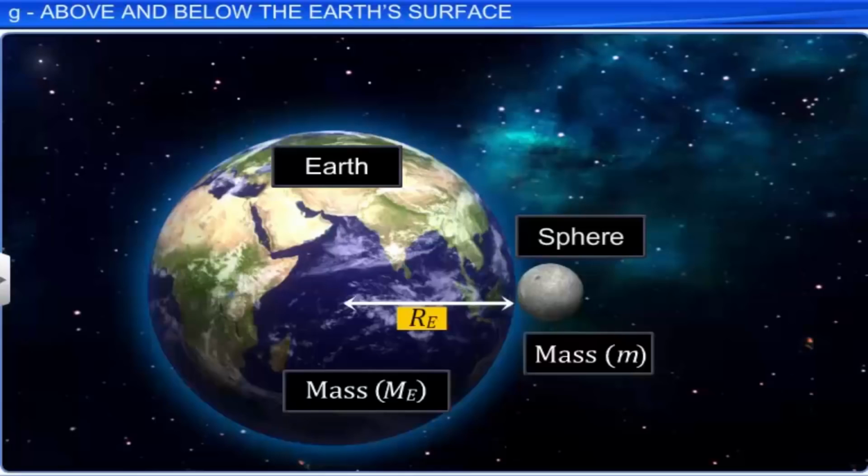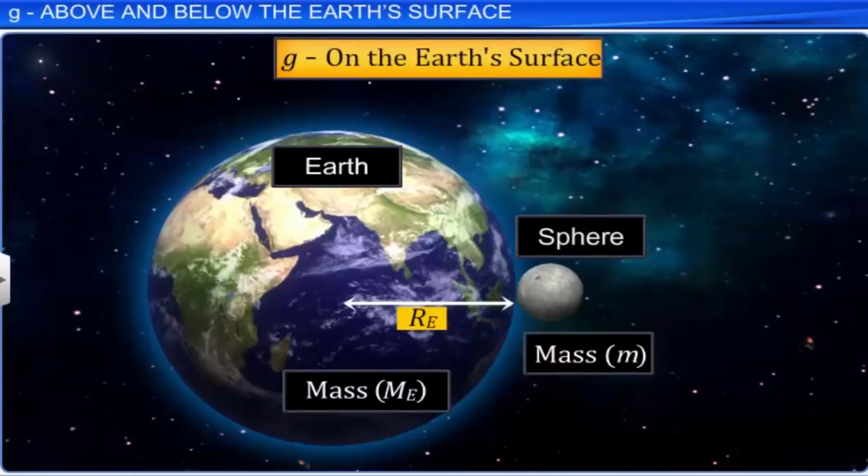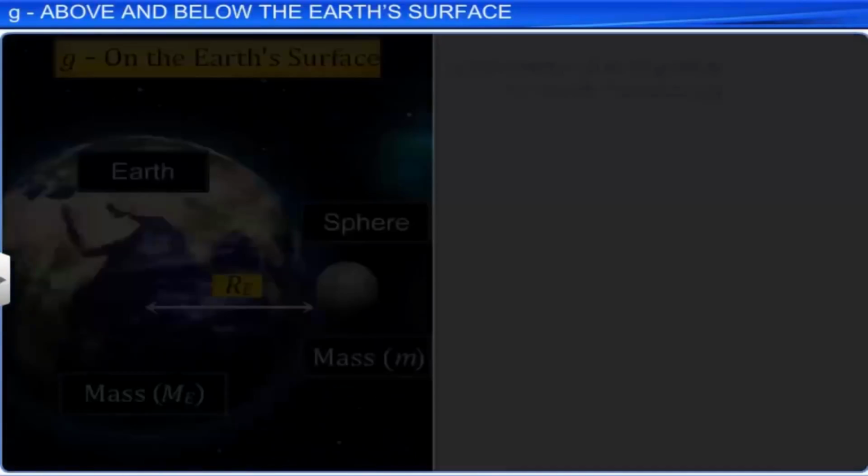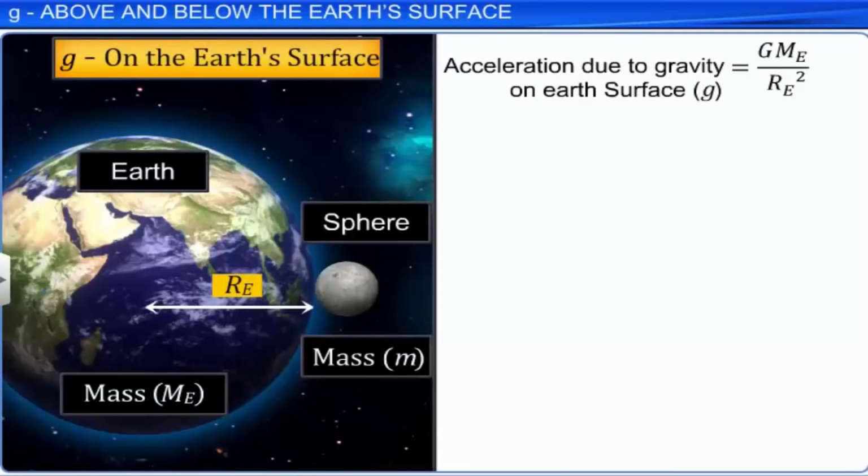In your earlier session, you learned about acceleration due to gravity on the surface of the Earth. The expression for acceleration due to gravity on the surface of the Earth is given by equation 1 as the product of universal gravitational constant G and mass of the Earth Me divided by square of the radius of the Earth Re.